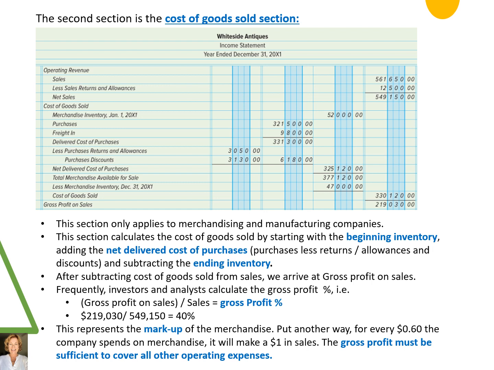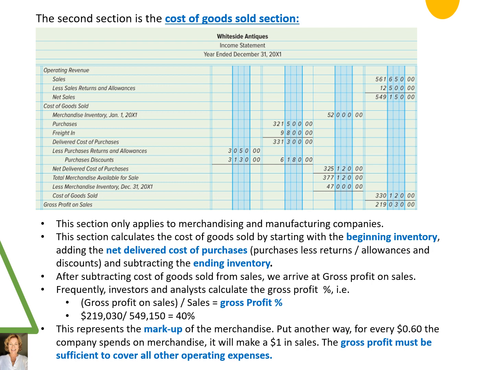The second section of the classified income statement is the cost of goods sold section. However, this section only applies to merchandising and manufacturing companies, but not to service companies. Why? Well, service companies sell services, do not hold inventory, and don't buy merchandise for resale.